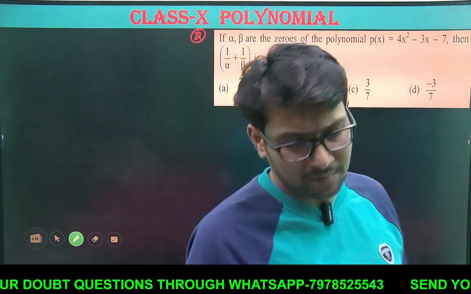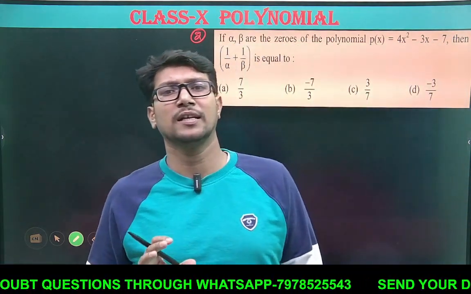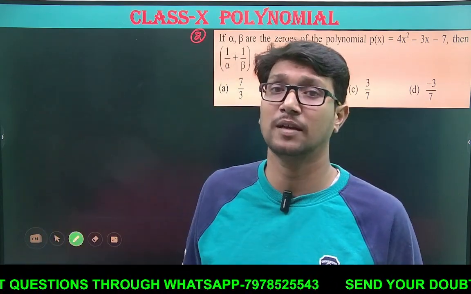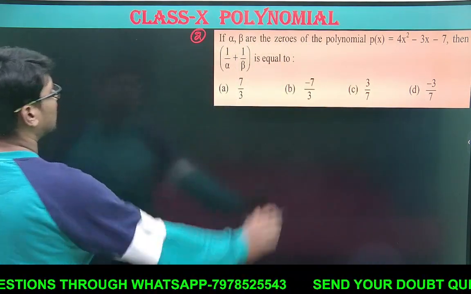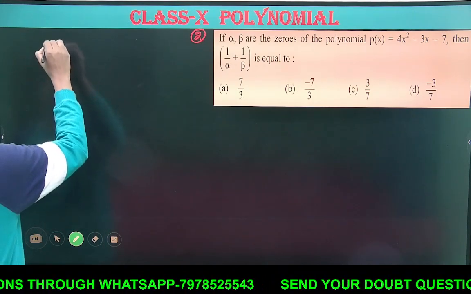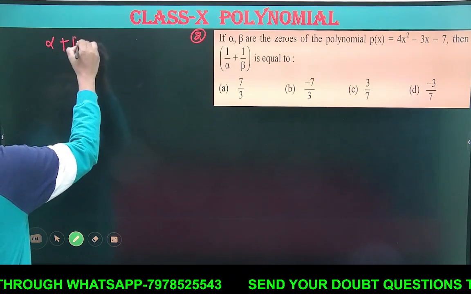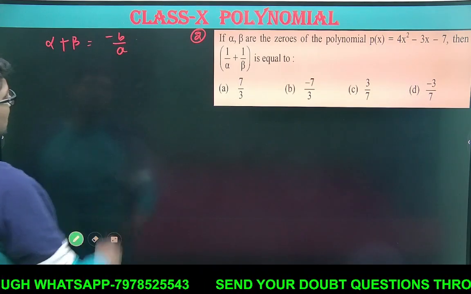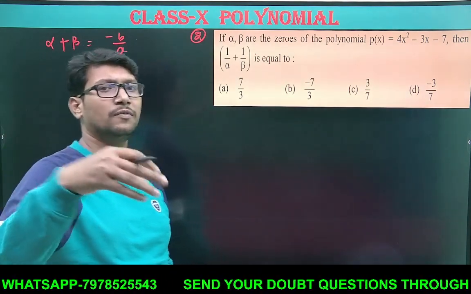And my dear student, before moving to this question, I want to say something about the relation between zeros and coefficients of a quadratic polynomial. We know that if alpha and beta are the zeros, then alpha plus beta equals minus b by a, where b is the coefficient of x and a is the coefficient of x square.